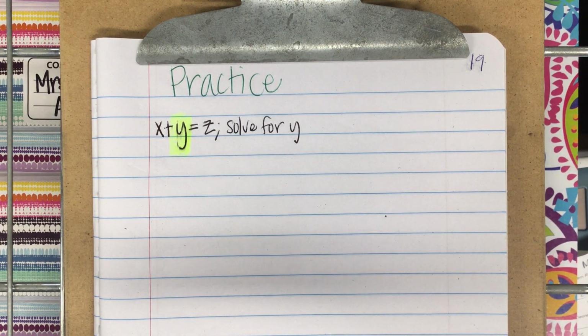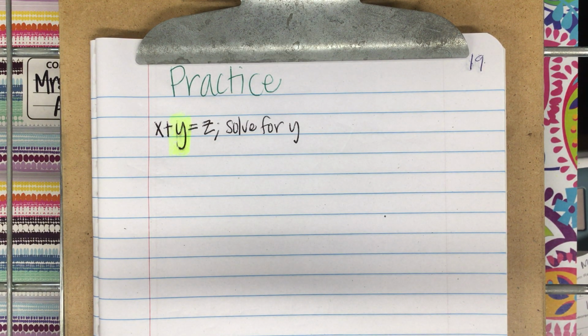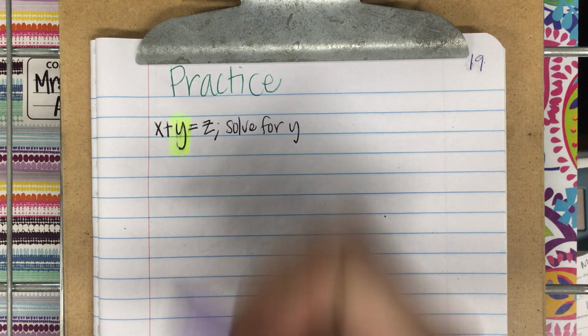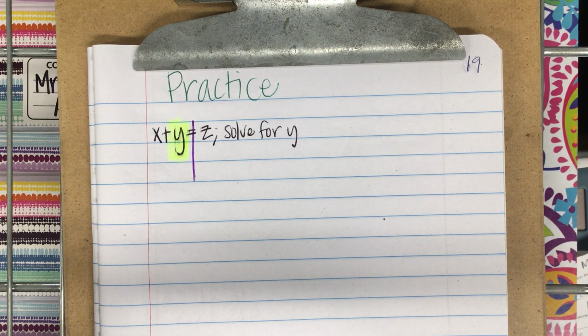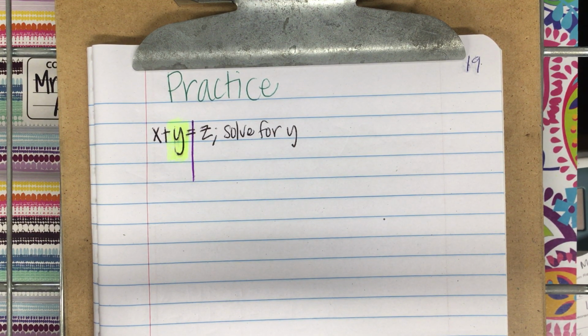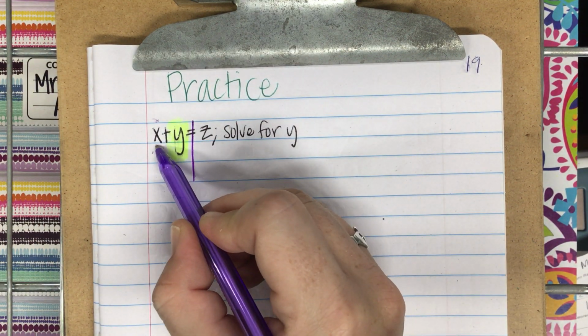Meaning I want the Y to be alone. So I have to ask myself, what's on the same side as the Y? What do I need to move away so that the Y will be alone? What's with it? X. I have to move that X, correct?